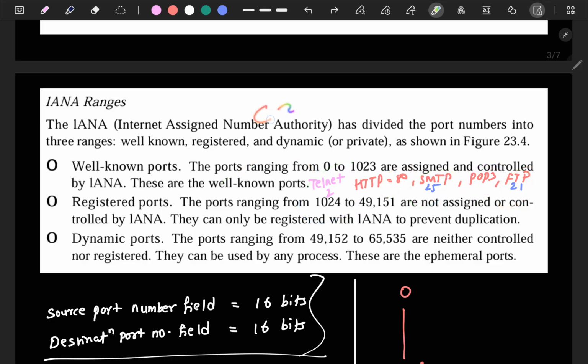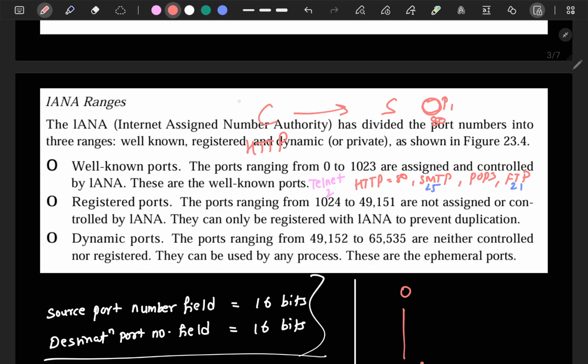So when the client is sending a packet to the server, the client already knows. For example, the client wants HTTP services from the server side. Then whatever process is giving these HTTP services, for example process P1, for that particular process port number 80 is already reserved.